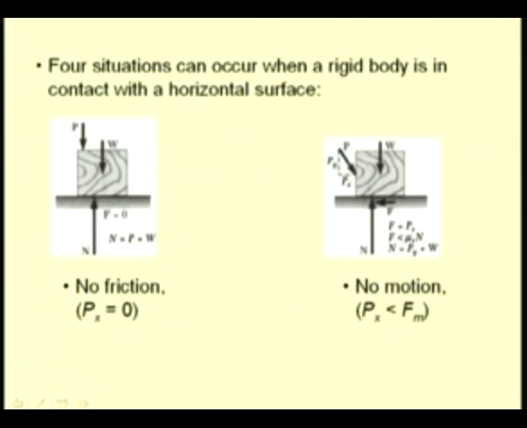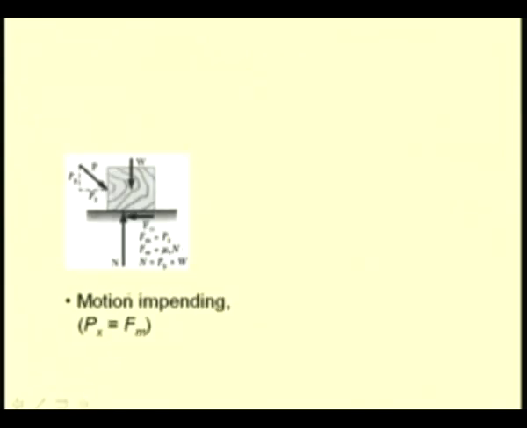So, here this force Px is balanced by this force F. When the motion is impending, in that case we have this Px equal to the maximum limiting force Fm. So, only for this impending motion case we have the relation between this frictional force, which is equal to Fm, and N as Fm equal to mu s times N.